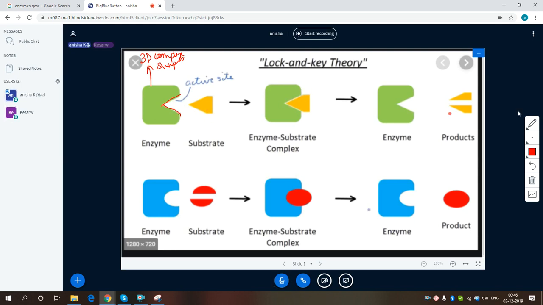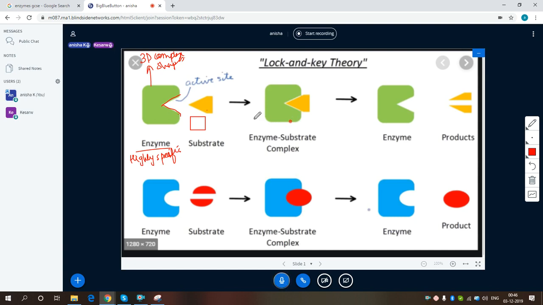Now, if there is a substrate which is square in shape, will it come and get attached to the active site over here? No, right? It should have a matching substrate, something which matches the shape of the active site. This is because enzymes are known to be highly specific molecules. Okay, enzymes are highly specific.